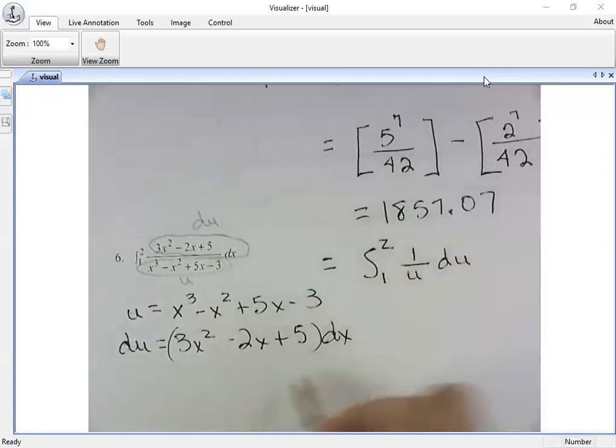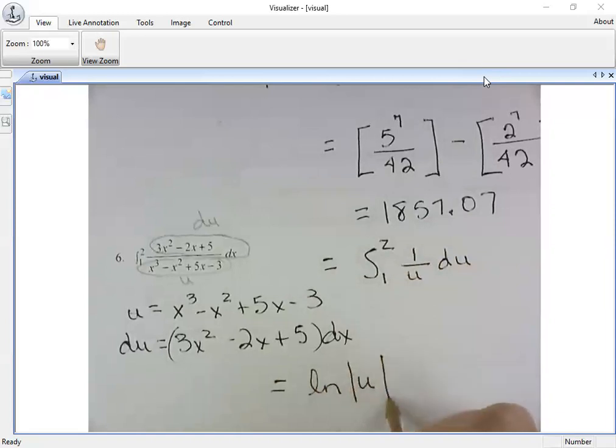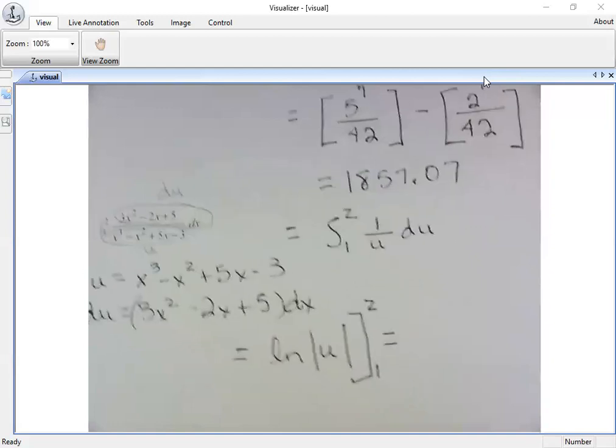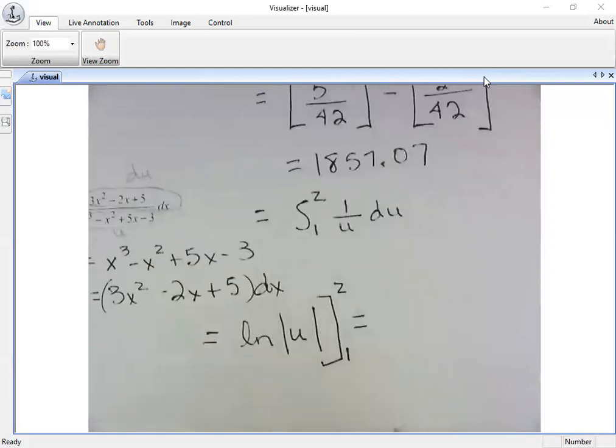So that means this would integrate as the natural log of, what do I do with u? I need to put it in absolute value bars because I've got to be sure that it's positive. And then it's got to be evaluated from 1 to 2. Okay, what happens in the next step? Good, I've got to replace u.